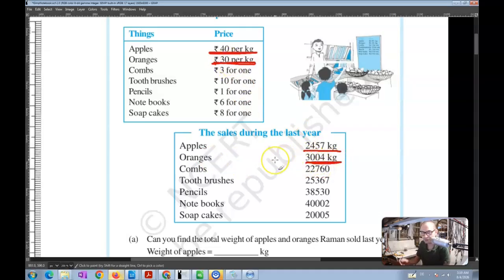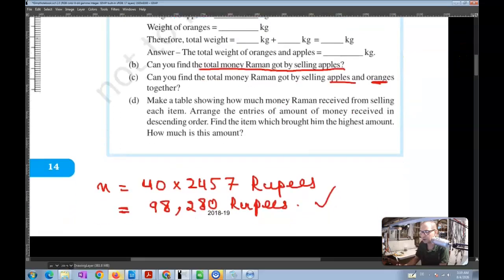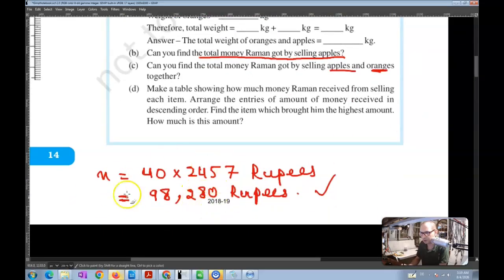You'll go through this exact calculation for oranges, and at the end of that calculation you will come up with some number like this, which is the total amount of money that he got as a result of selling the oranges. Now you have this number and some other number over here, and when you add those numbers together, you will get the total amount of money that he got for selling apples and oranges, right?